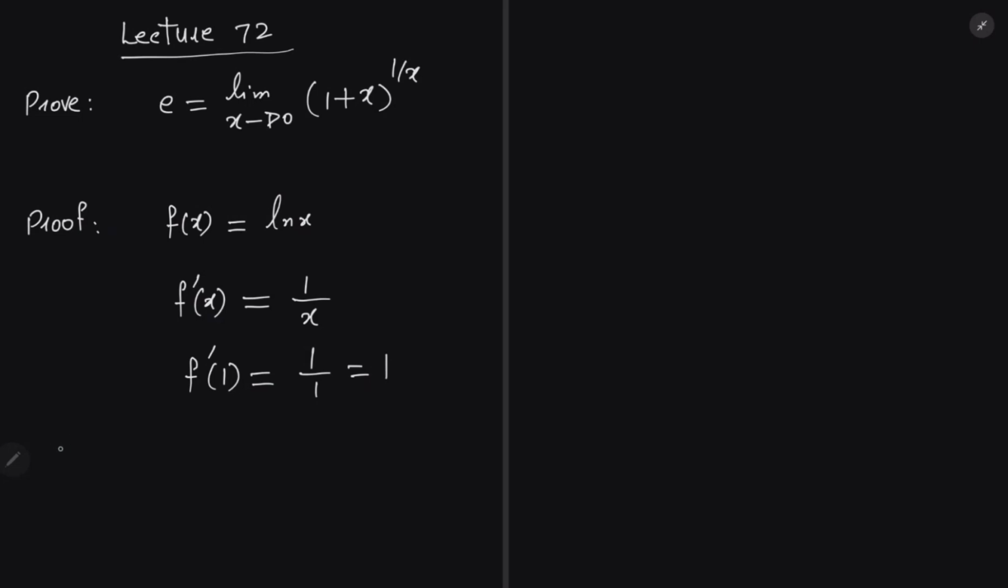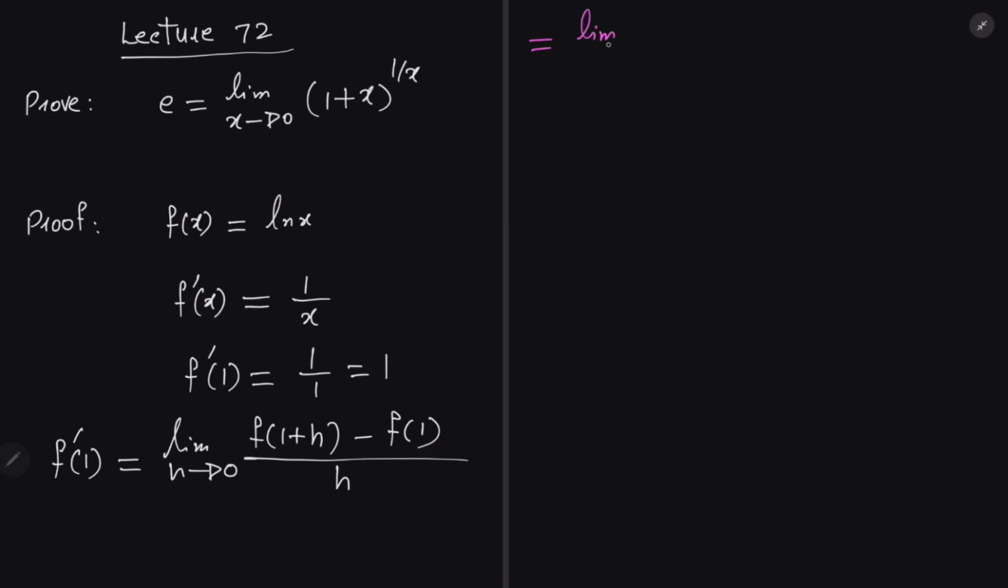Now apply the definition of derivative. f dash 1 will be equal to the limit as h approaches 0 of f of 1 plus h minus f of 1, divided by h.